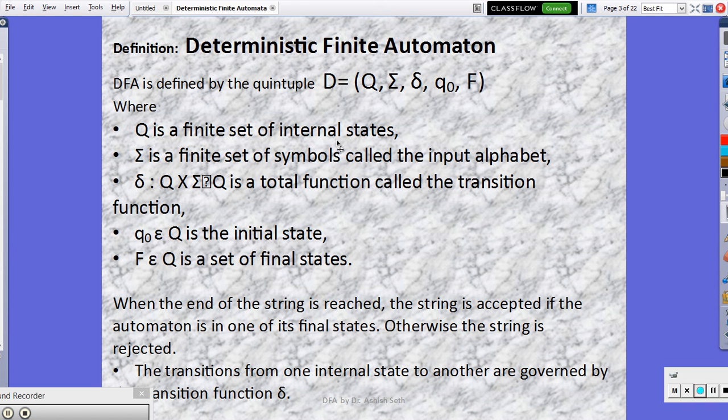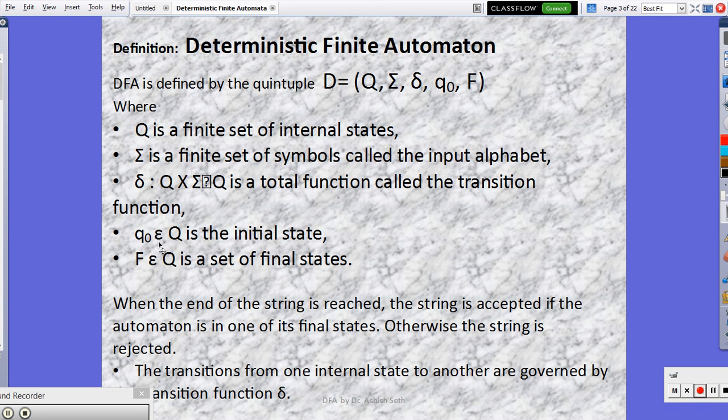This represents the state which is defined in this set, and when we put any input we will get one state. We will try to understand this transition function by taking some examples in the later slides.